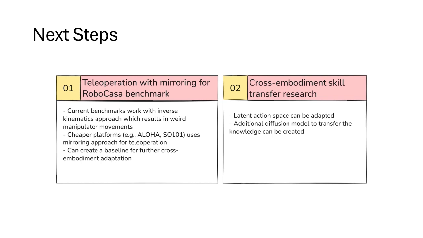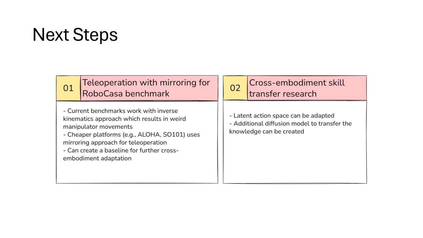So I aim to include cheaper arms like the SO101 in this simulation platform and use a mirroring approach instead of inverse kinematics, because inverse kinematics can sometimes result in very weird actions or movements of the manipulators, but the mirroring approach solves this problem. This can create a baseline for further cross-embodiment adaptation research.